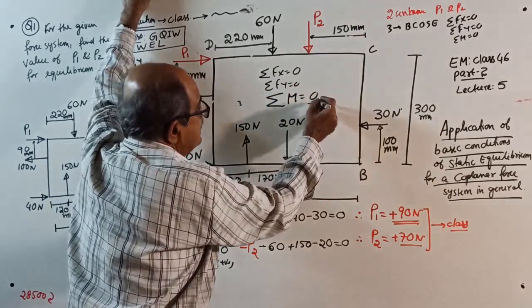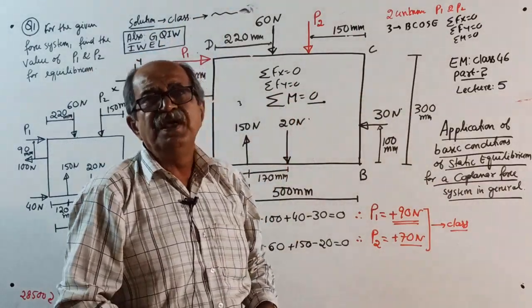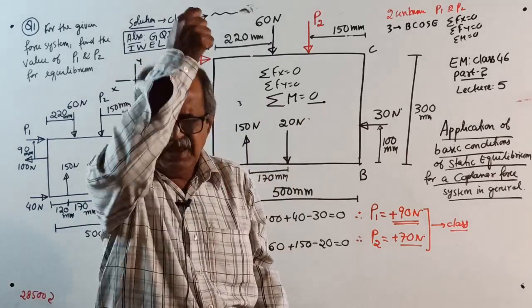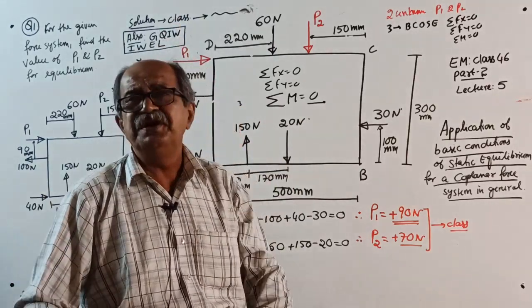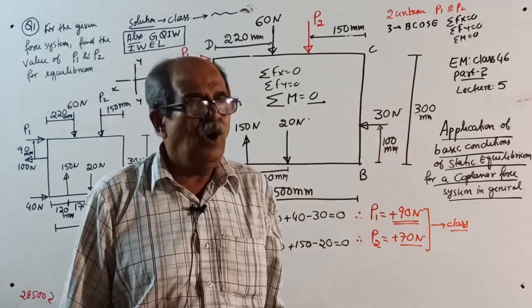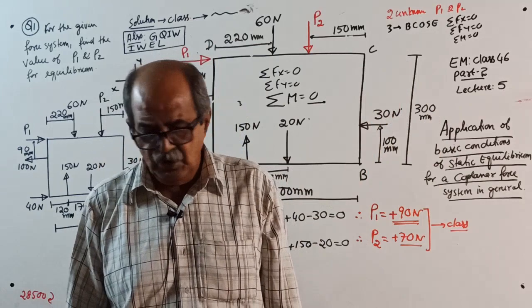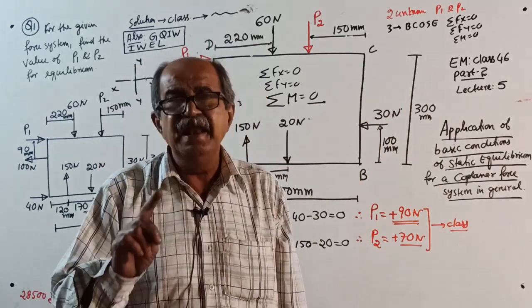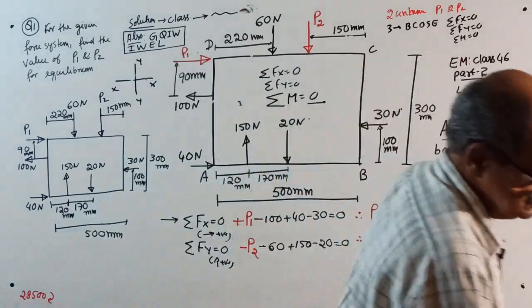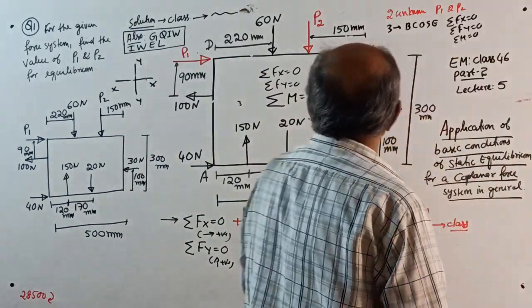Very important statement: the algebraic sum of moments of the entire force system about any point, no restriction, you can take moment about any point, equals 0. I explained this earlier and should not repeat the same thing again and again. These are the three conditions. Now, you write one more note.